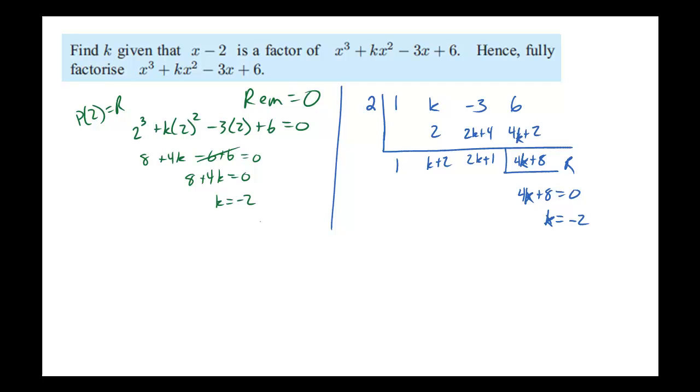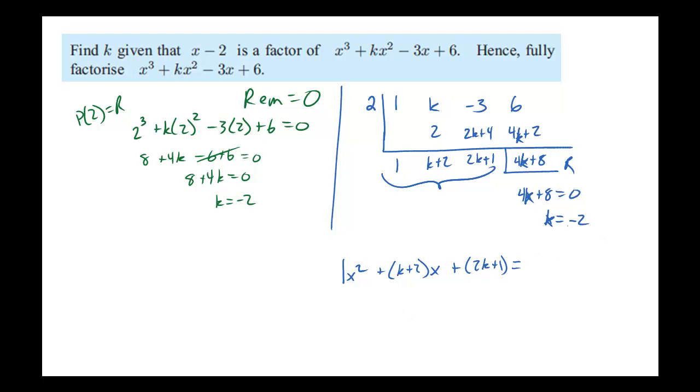Now, the next thing says fully factorize this. Well, I already know that the 2 goes out. So I could do the long division and work it out, but I also have it right here. This right here is 1x squared plus k plus 2 x plus 2k plus 1 is the constant, and that's it.